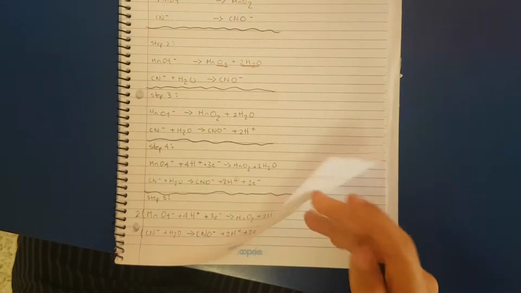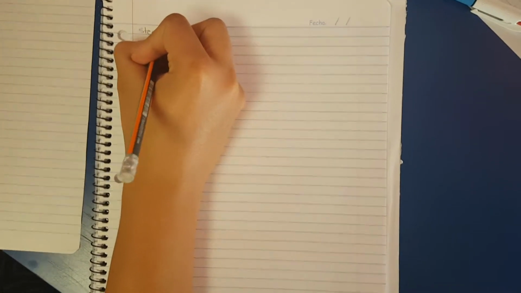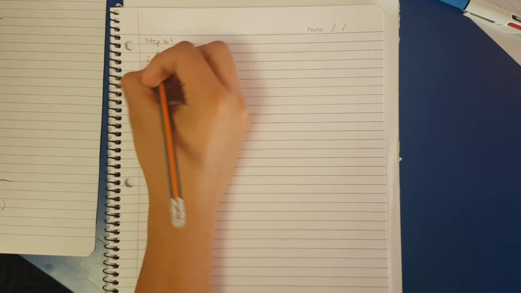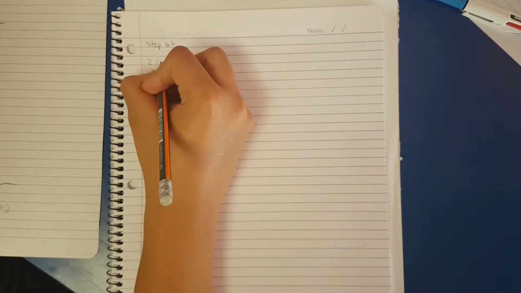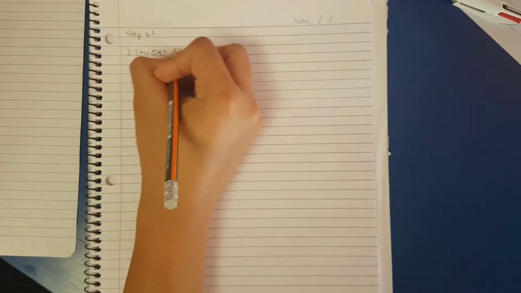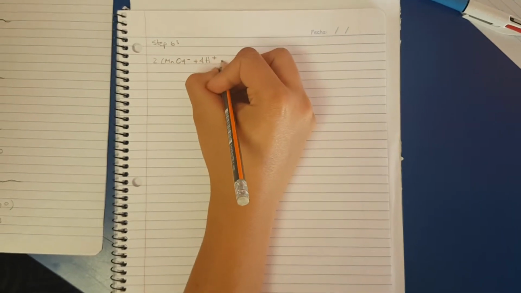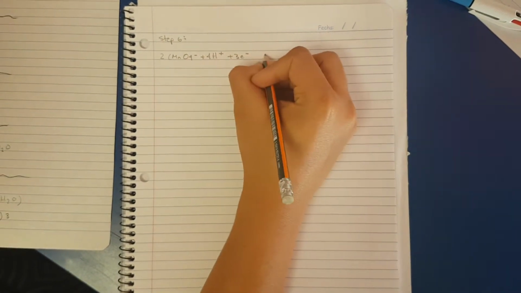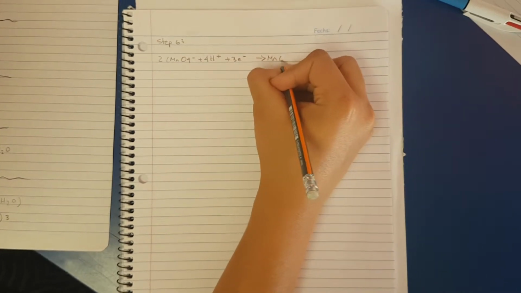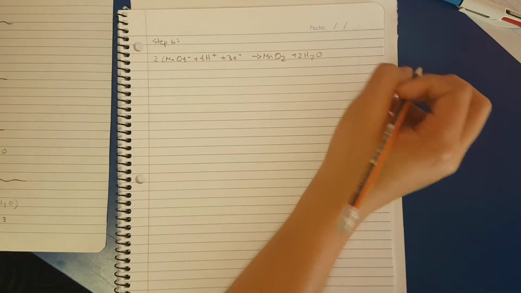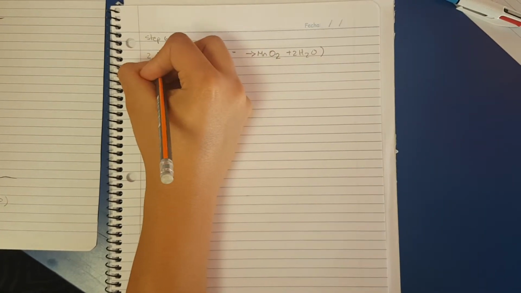So now let's do step 6. In order to make this easy for you guys, I'm just gonna copy the formula once again. Plus, don't forget plus, that was my bad. And then MnO2 plus 2H2O, close parentheses.